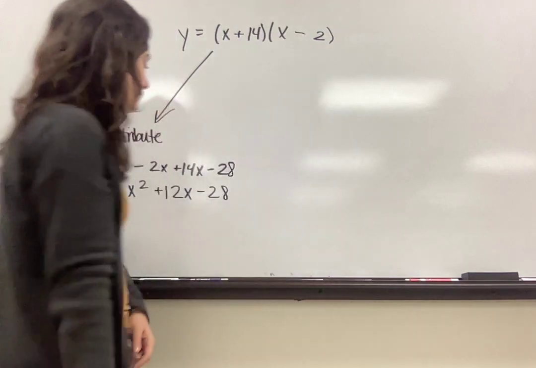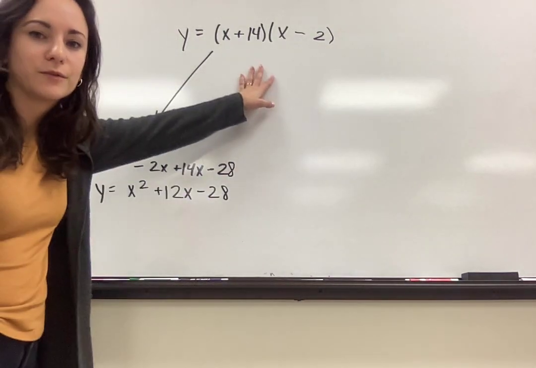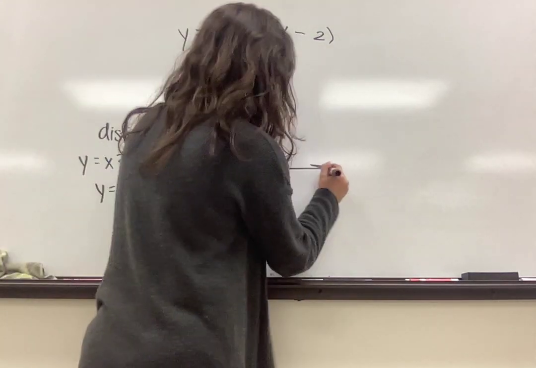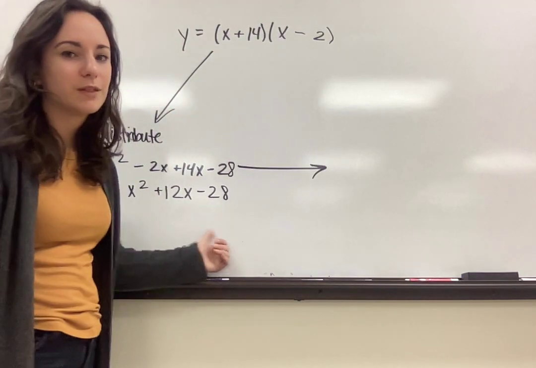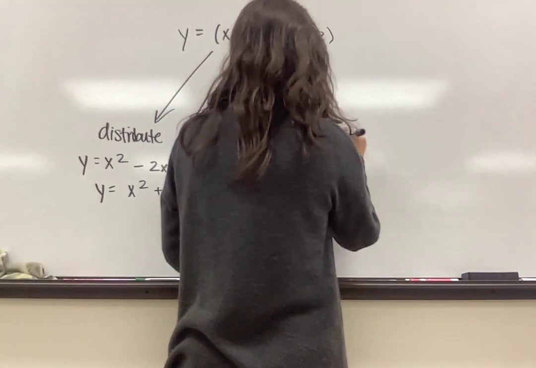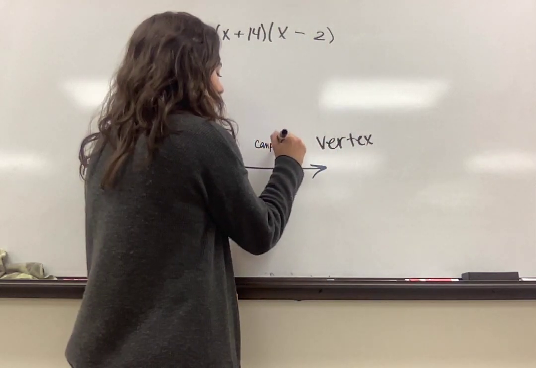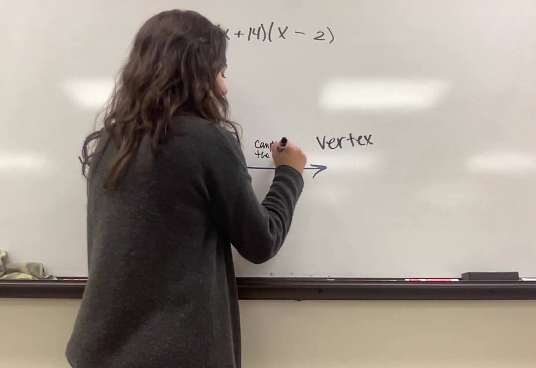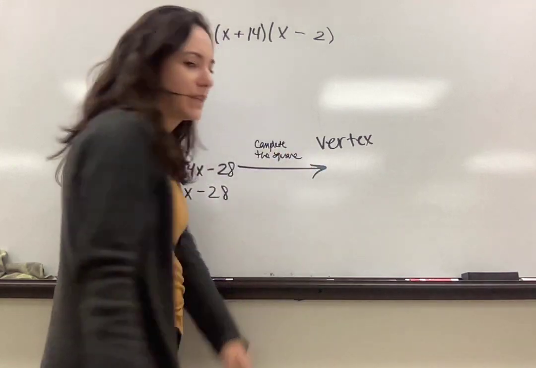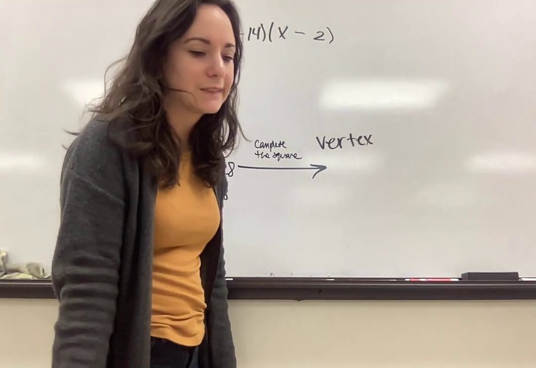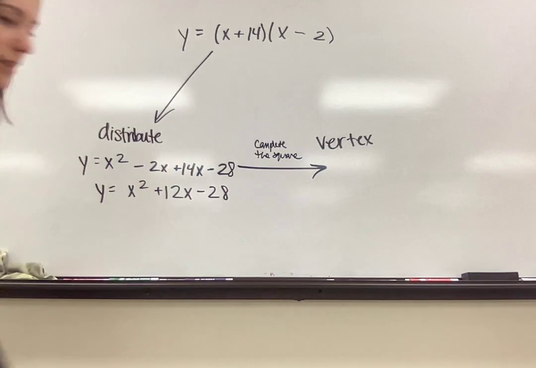Vertex form. I can't get to vertex form from factored form. I'm going to go from standard form to vertex form, and that's going to be with completing the square. Okay. I'm not going to use whatever's on the paper.